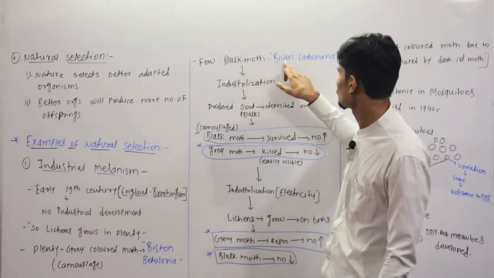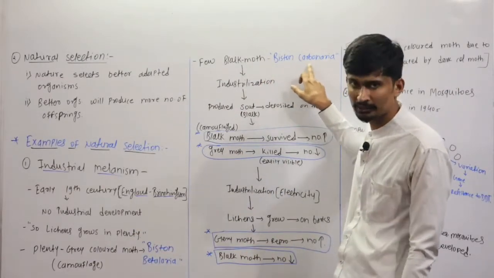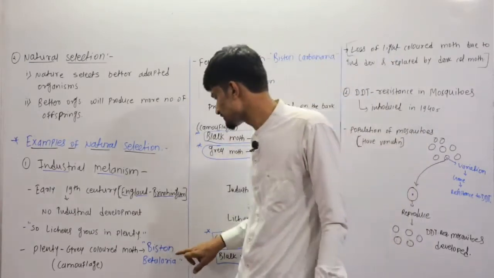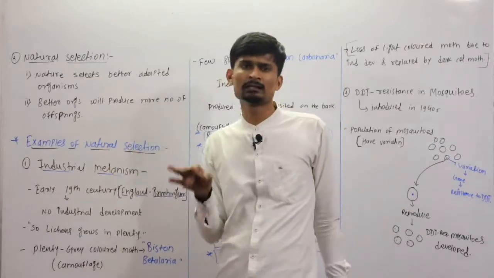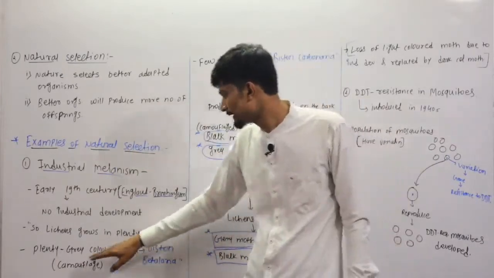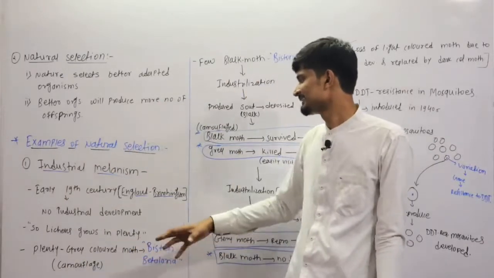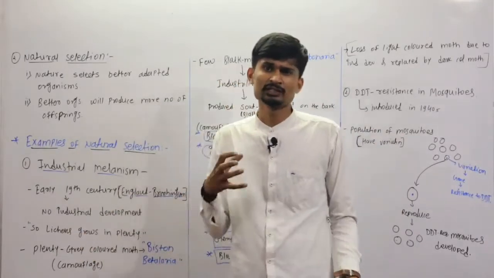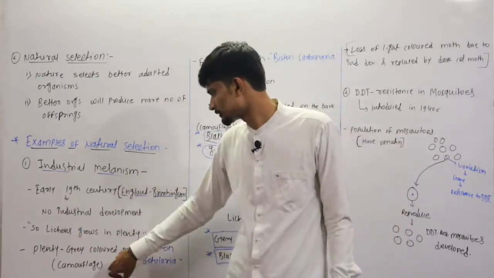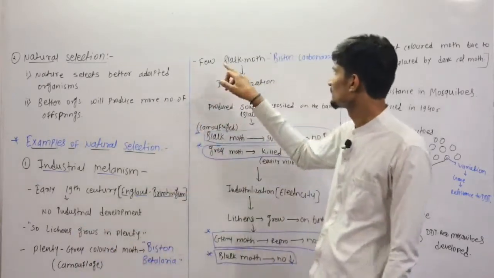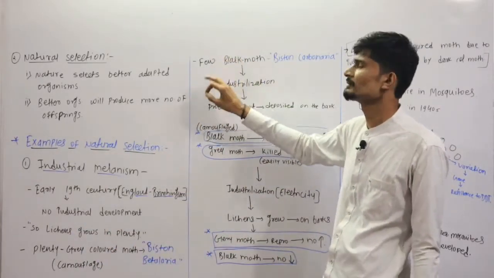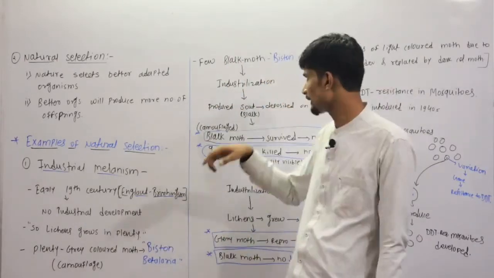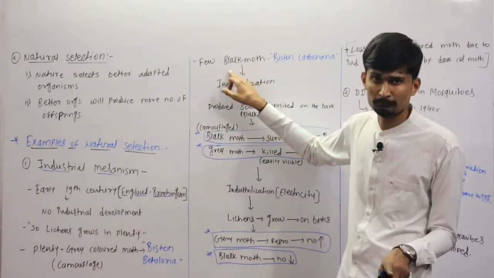The black moth is called Biston carbonaria. The reason for the plenty of grey moths is camouflage due to the presence of lichens. They camouflage easily due to the same color, but the black ones are easily visible to predators and easily killed, so they are less in number.